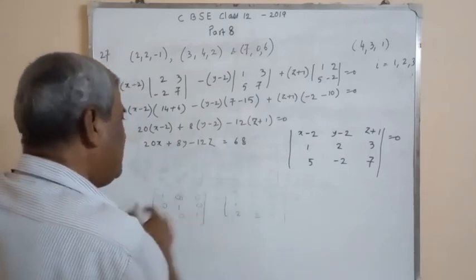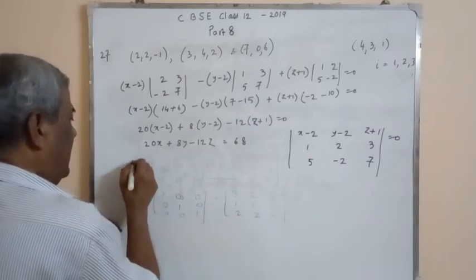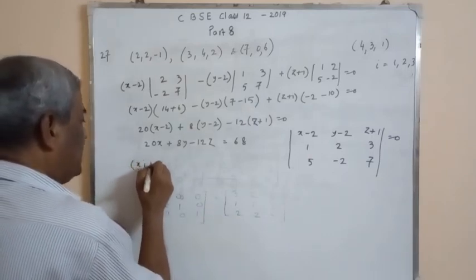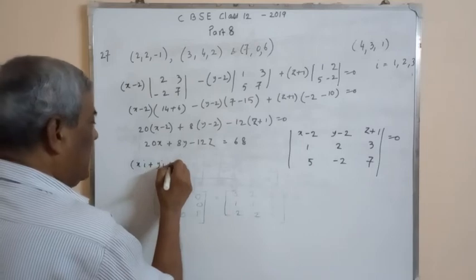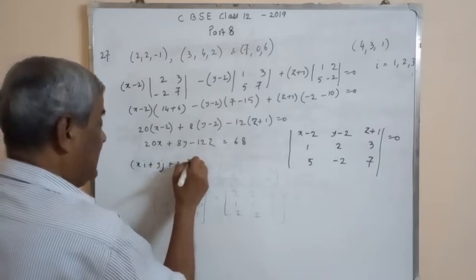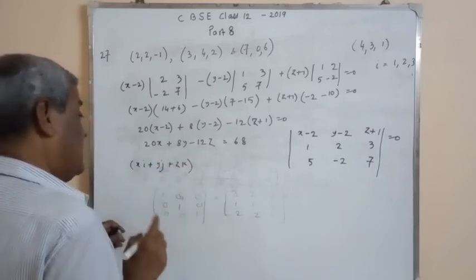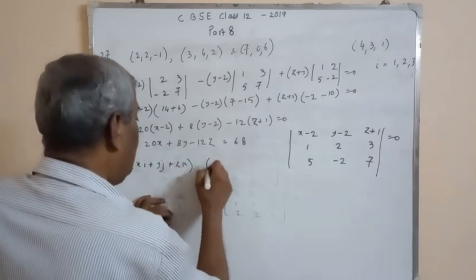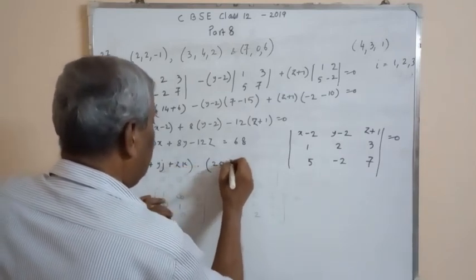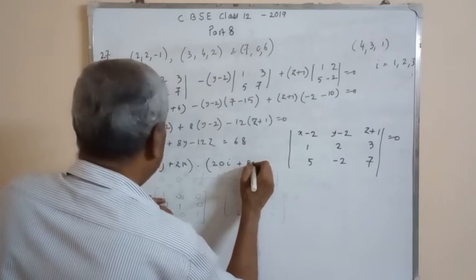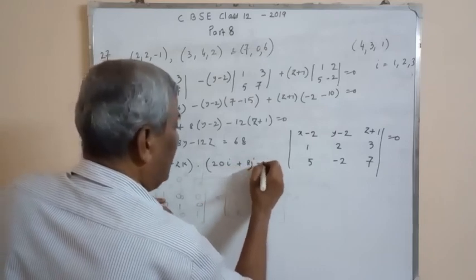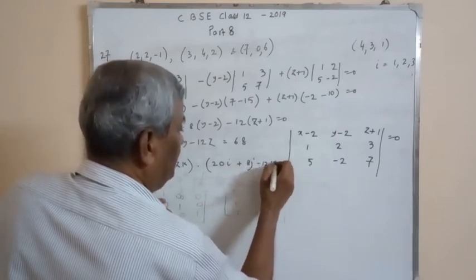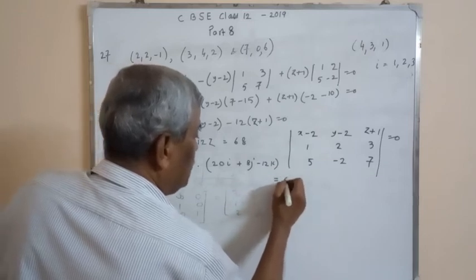This can be written very easily: xi plus yj plus zk, I write the position vector r dot 20i plus 8j minus 12k is equal to 68.